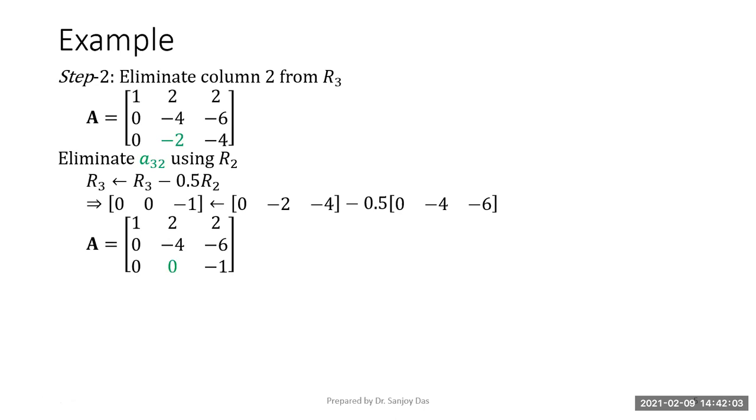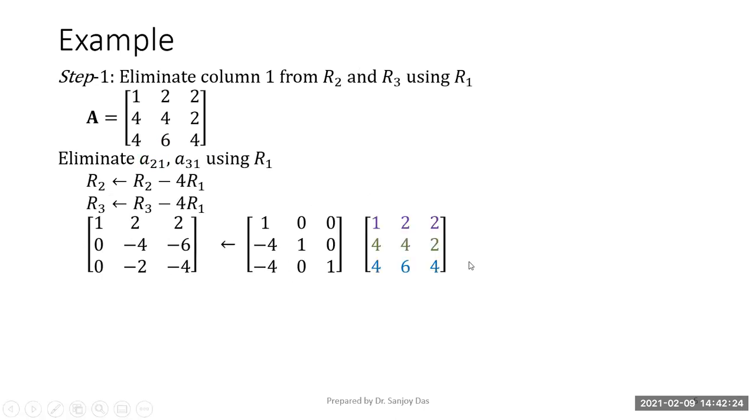Okay, and now this looks like an upper triangular matrix. I've not said anything about the lower triangular matrix yet. Okay, so using a sequence of row operations, I was able to convert this matrix A to an upper triangular matrix. Now, this is the general case.